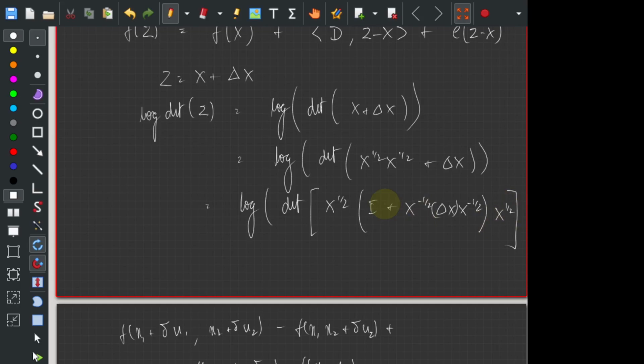I've just manipulated these symbols around, nothing more. I've written x as x half times x half, taken x half out on one side and x half out on the other side. So essentially I get x half times I plus x minus half, the inverse of x half, times delta x times the inverse of x half, whole thing times x half.